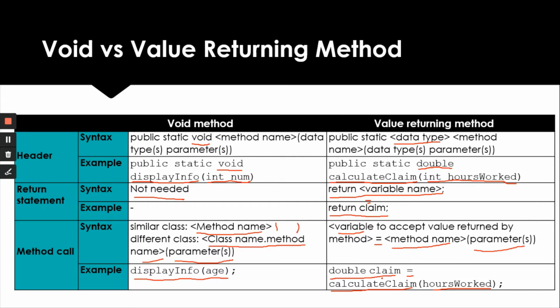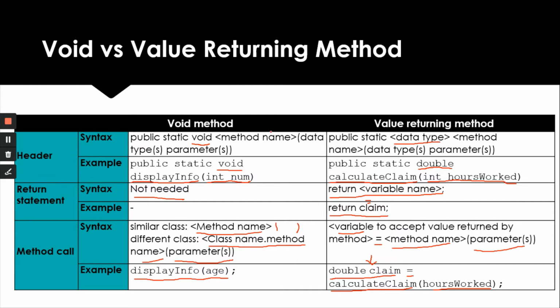So what will happen is you will execute the method call. Your calculate claim method call will send hours work to the method. The method will accept the hours work, calculate the claim and return the claim. The claim value returned by the method will be sent to this claim variable. Whatever you want to do after that, you can just print out the claim, or calculate anything else, you can make use of this variable.